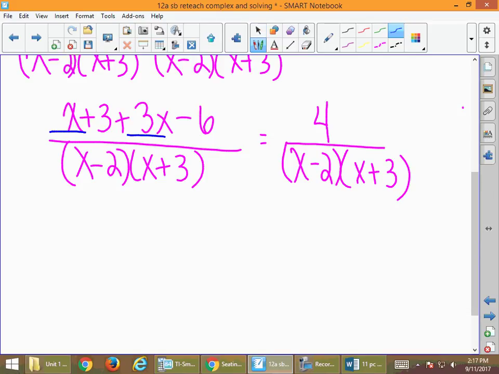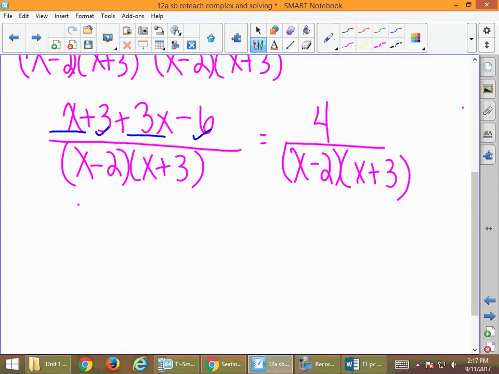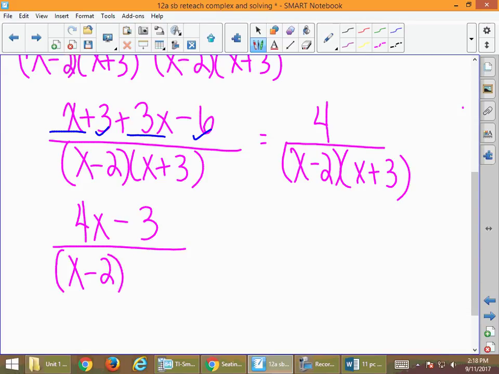We've got the 3 and the negative 6. So we end up with 4x minus 3, over x minus 2 times x plus 3. And on the other side, we still have the 4 and the x minus 2 times the x plus 3.